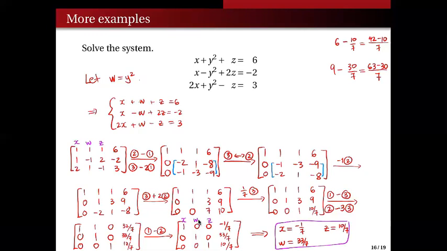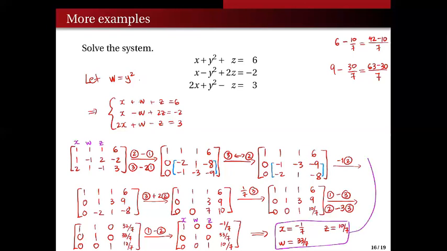Keep in mind, you have w equals y squared. So you have to bring back the original variable y. Okay?